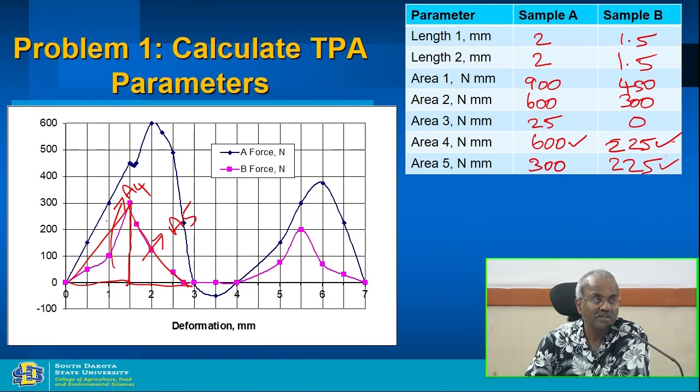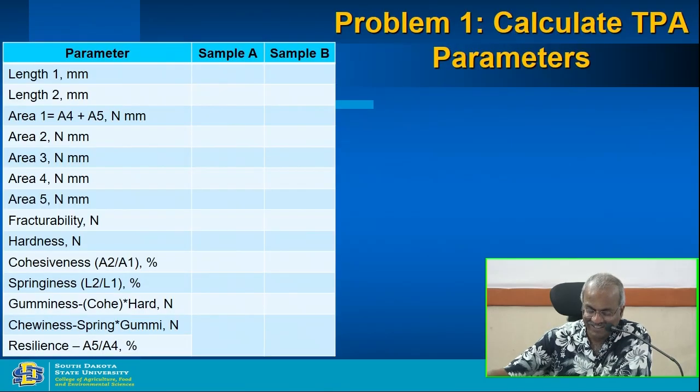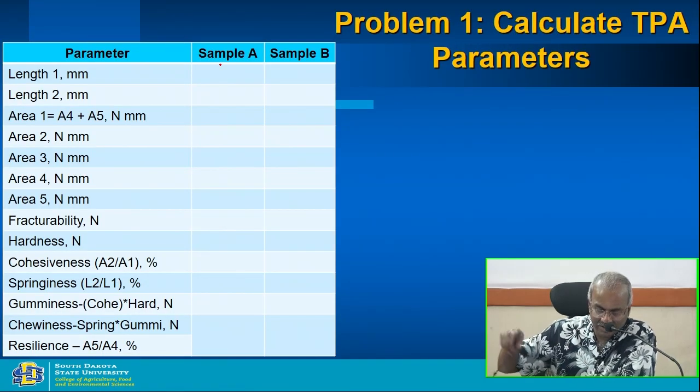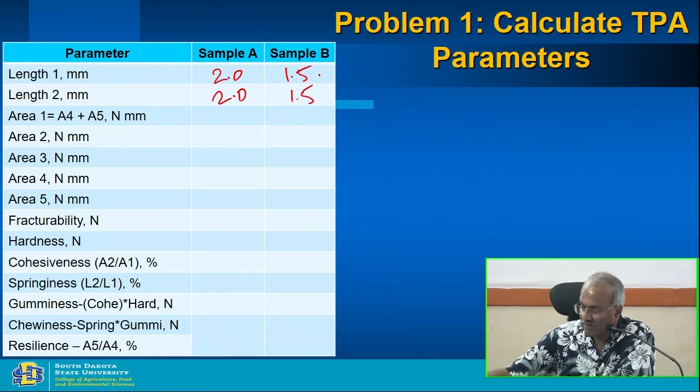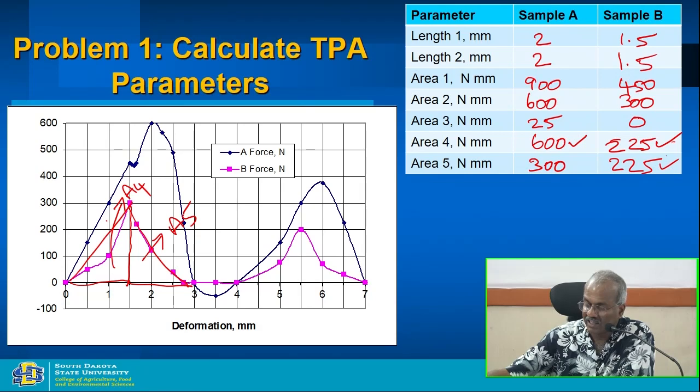All is well? Okay, we are in the business. Somebody is going to give me the numbers, right? I cannot remember all the numbers. So length 1 is 2. This is 2. This is 1.5. This is 1.5. Oh, still sitting there. Okay.